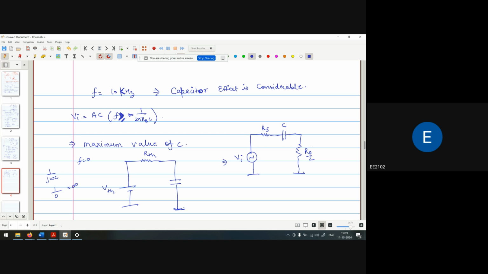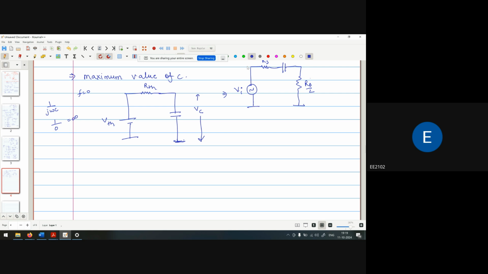If I say that this voltage is VC, what is the voltage VC?